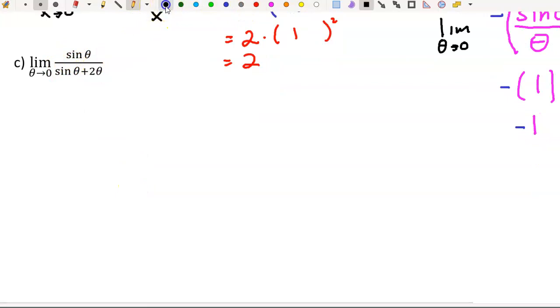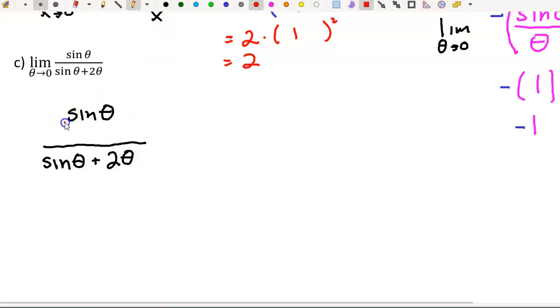It's a very convenient, very small thing that can actually solve a lot of problems. So I'm going to rewrite this and leave a lot of room right there, because I'm going to write something underneath each of these terms. Okay. So what I'm doing, I'm going through and dividing every single term by theta. Like so.